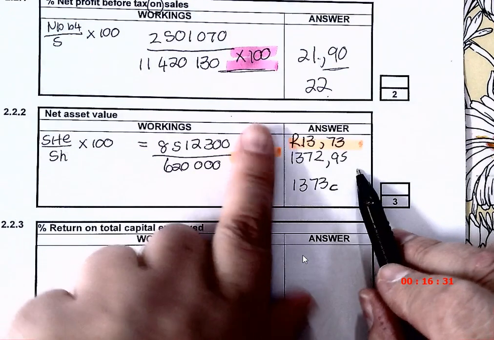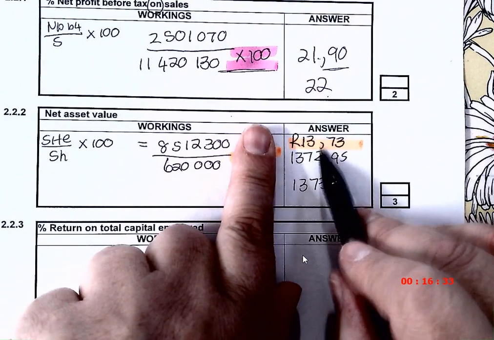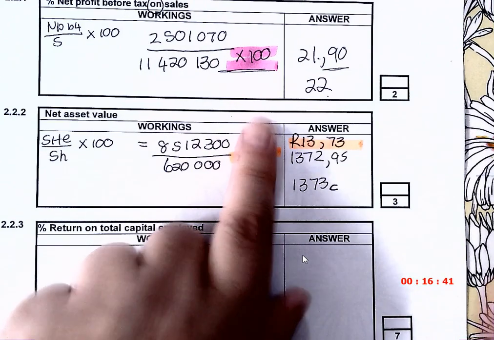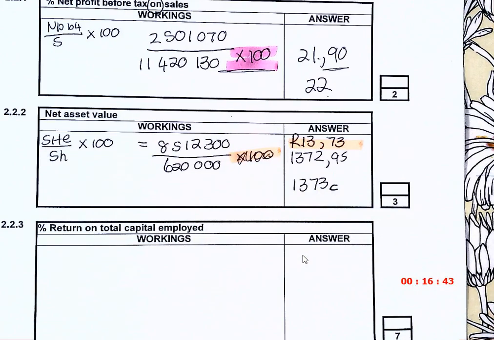But if you don't have 100, you have a small number with 2 decimals because it's rands. Is everybody with me? Remember, I'm here for you. I'm not here to rush. So if you're feeling I need to re-explain it, then I re-explain it.